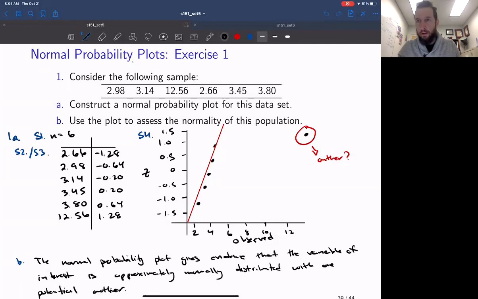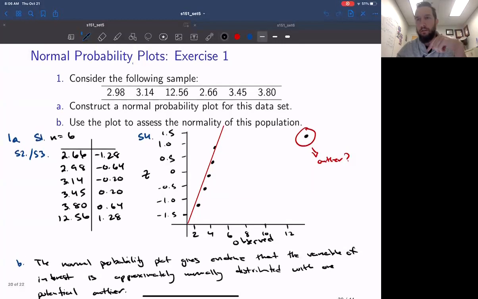Well, it's a scatter plot, and it plots the observed values in your data set against a set of normal scores. And actually, it doesn't matter which axis you put the values on, the relationship will be the same. But we've been putting the normal scores on the y-axis and the observed values on the x-axis. So for example, on slide 39, we have a data set that has 6 values in it.